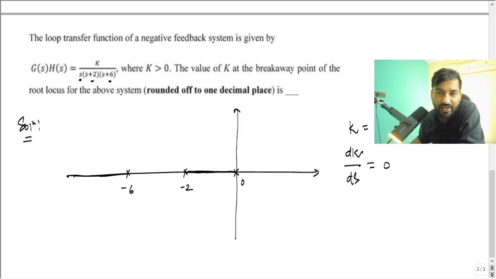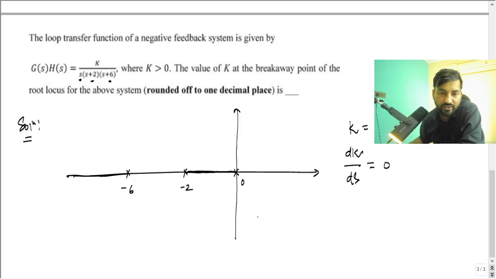As we know, between -6 and -2 a valid breakaway point cannot exist.